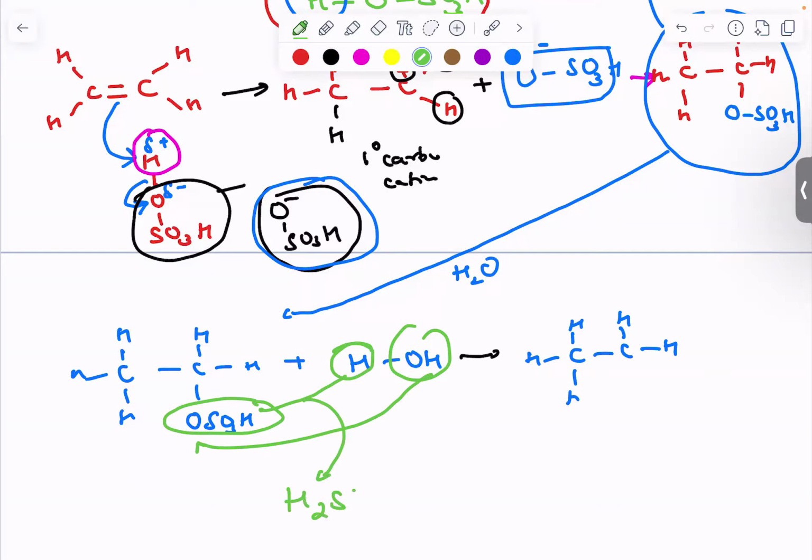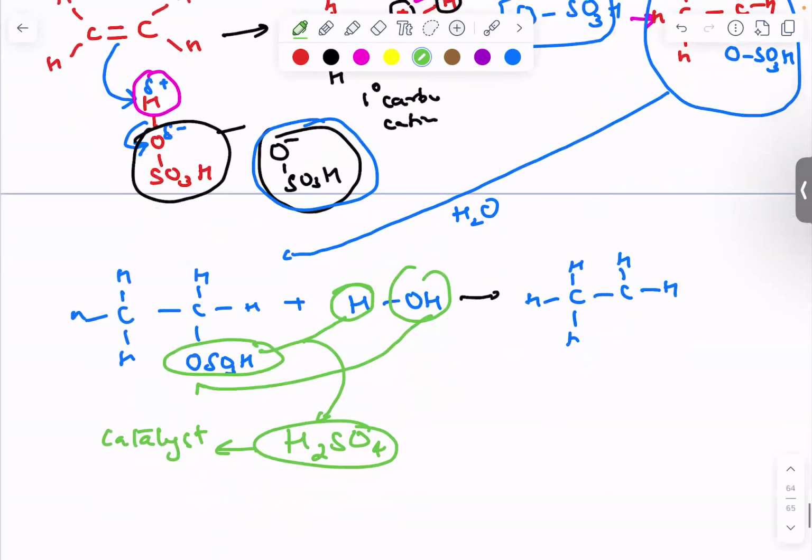sulfuric acid. So this shows that sulfuric acid is used as a catalyst because it is regenerated towards the end of the reaction. So I'm highlighting it. This OH is going to come here. So if this OH is going to come here, that means this is removed.